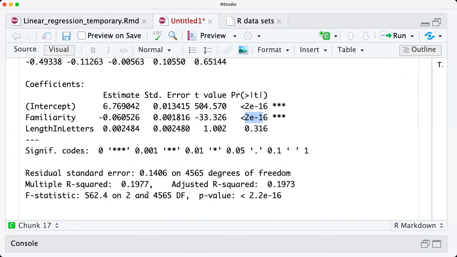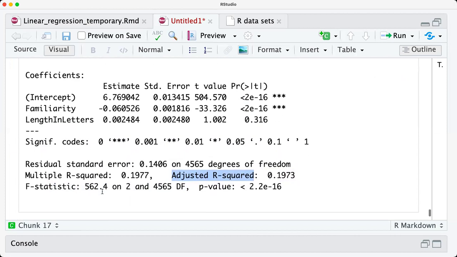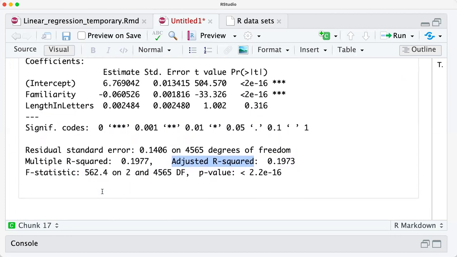Now we go and see what the adjusted R squared is, which now is different from the multiple R squared. When we add predictors, the multiple R squared will for sure increase because we have a model which can explain more variance, but maybe it's due to chance, and really adding a predictor doesn't make your model better.